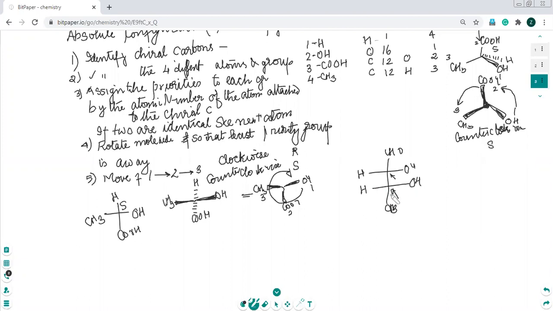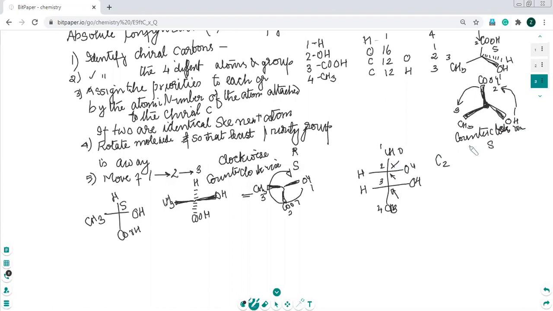Now here you have to see one thing. Look at this carbon first. What are the 4 different groups and atoms? Identify that. So for this carbon, this is 1, this is 2, this is 3, and this is 4. So we'll look at carbon number 2 first, C2. Which are the 4 different atoms and groups?